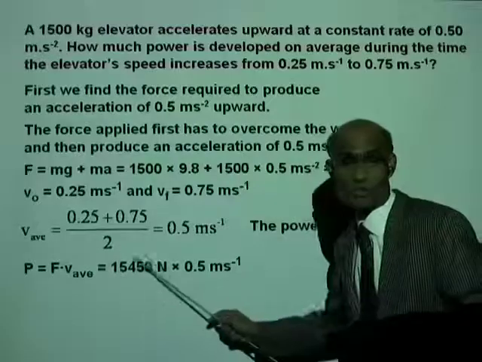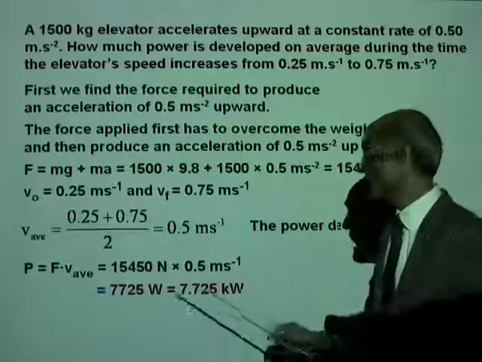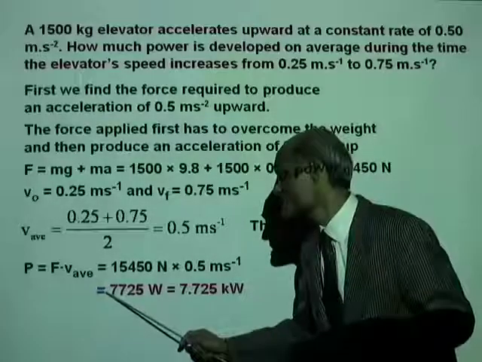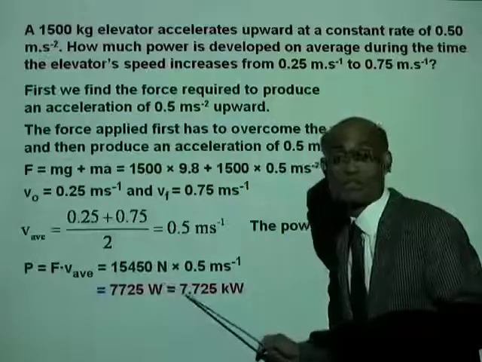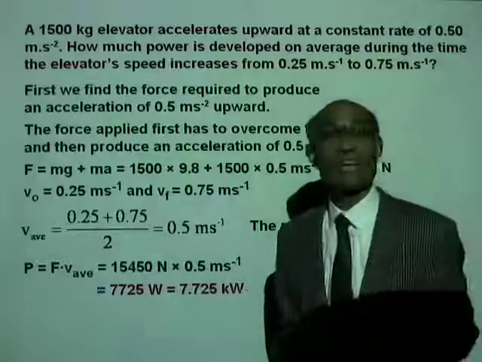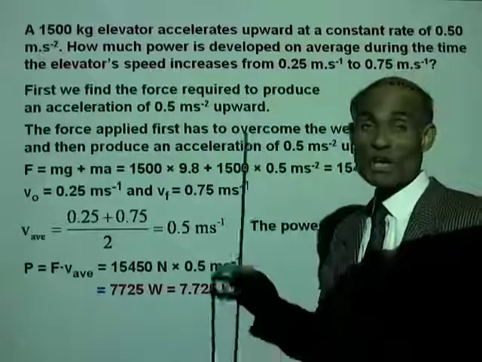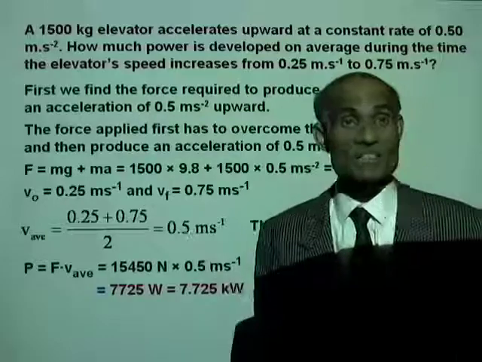This is the force, this is the average velocity. Therefore, the average power is 7,725 watt, which is 7.725 kilowatt. I hope this concept of power connected to average velocity is clear to you now.